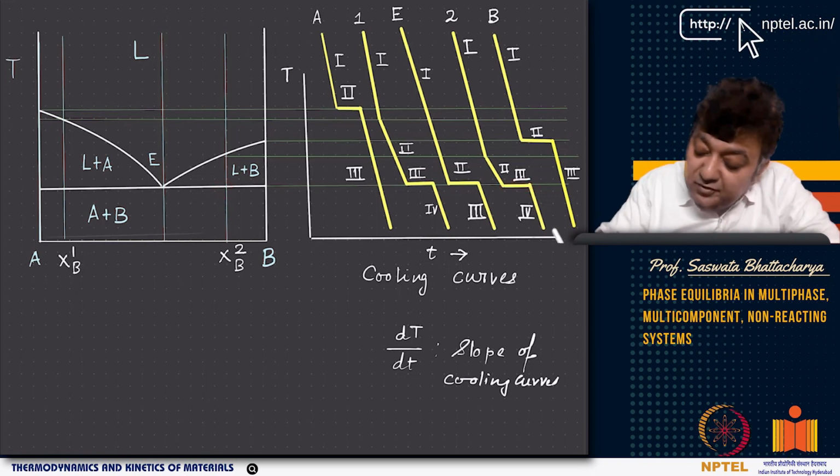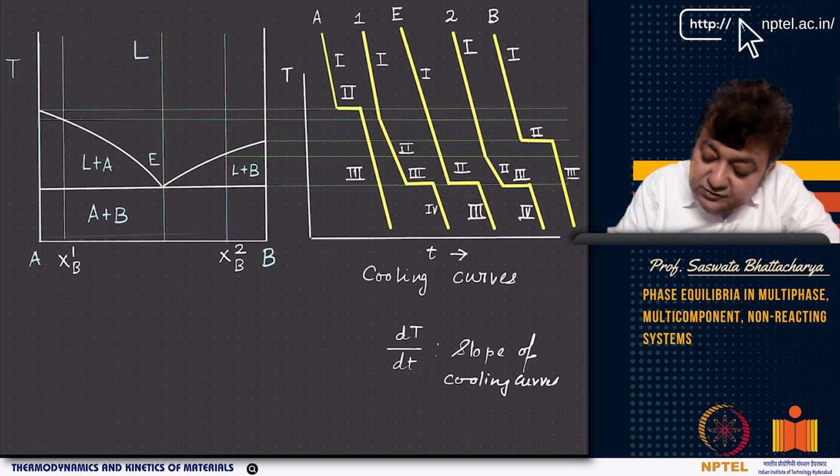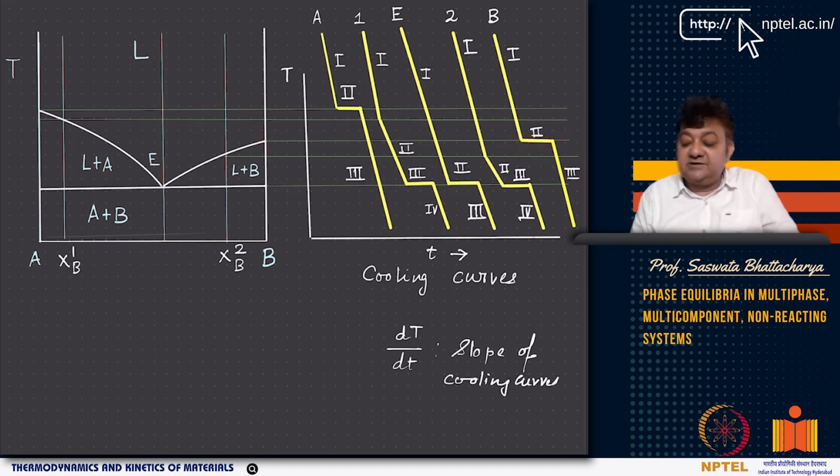Now, in the case of pure B, the 2 comes here, because that 2 corresponds to the temperature here. So these horizontal lines are basically giving the temperatures. This cooling curve is one easy and convenient way to calculate such phase diagrams using experiments.